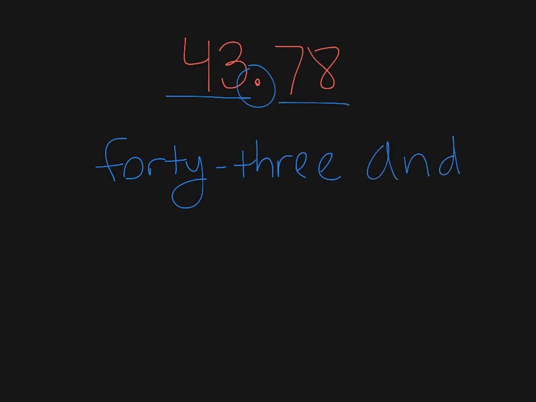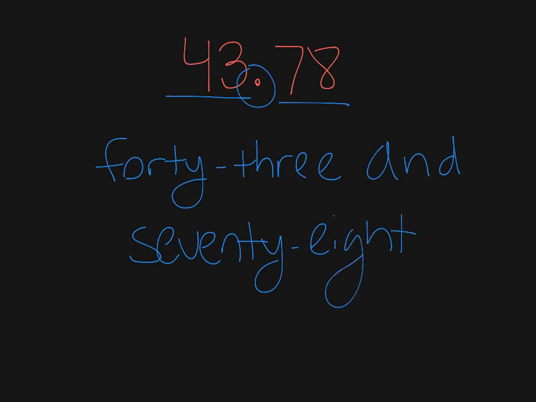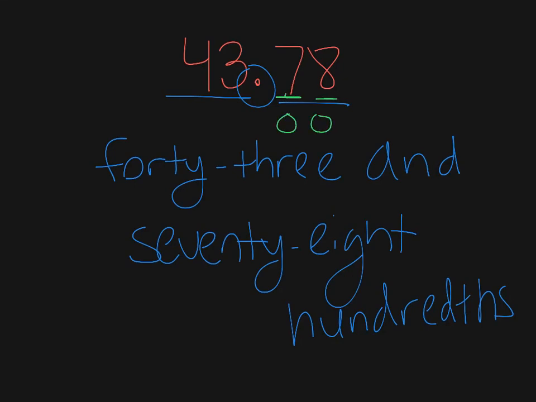Now we read the right side, so it would be 43 and 78 hundredths. The reason why I know it's hundredths is because it is 2 place values behind the decimal. You have 1, 2. So you have 2 zeros, so you know it's going to be hundredths. And make sure you write THS at the end and not hundred.